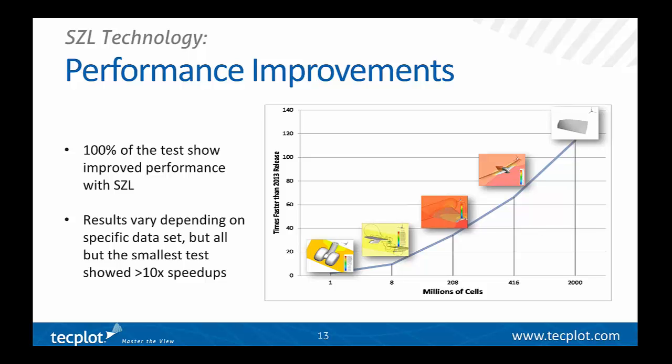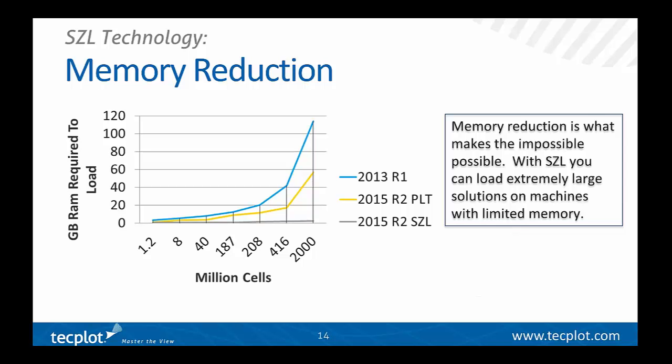Okay. That's right. And if you look at that same data for memory usage and compare again to Tecplot 360 2013 R1, you can see that we would have used over 100 gigabytes in the largest case. We did the test, so we did use over 100 gigabytes of memory, which is quite a bit for a desktop machine. You might have to go out to a supercomputer to do that.